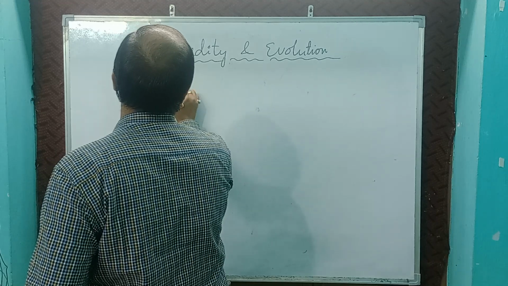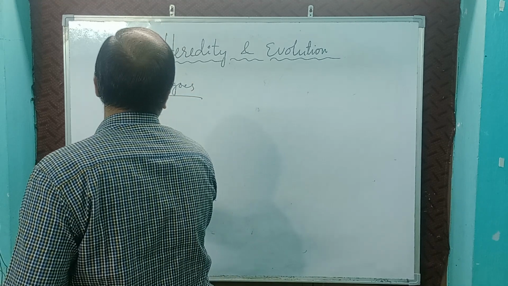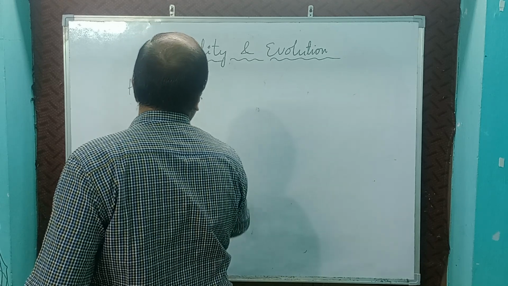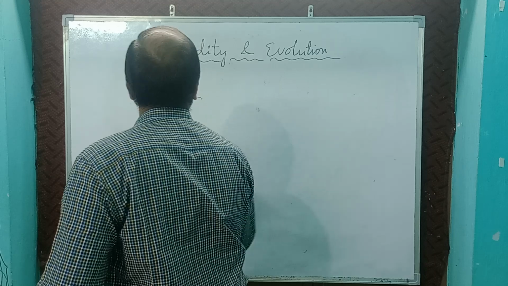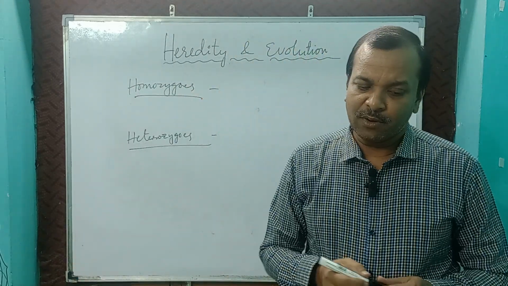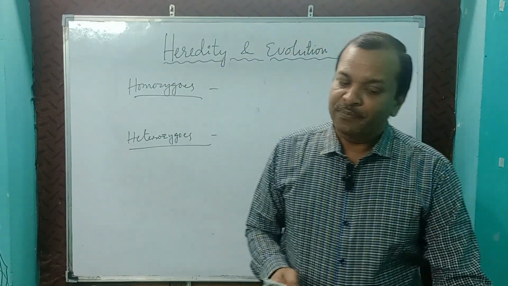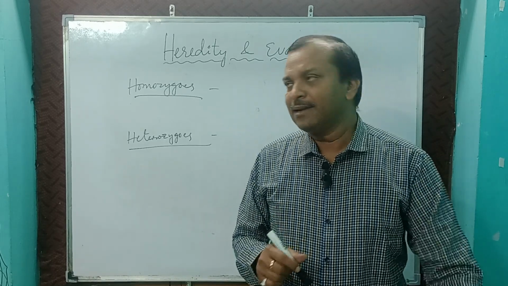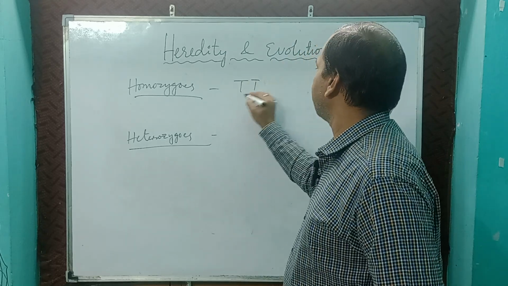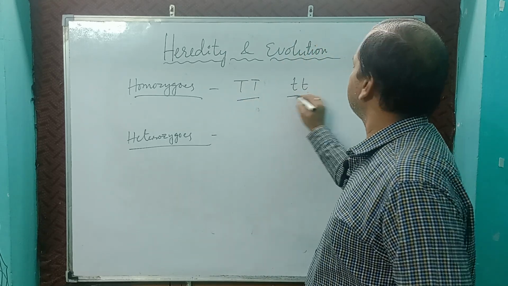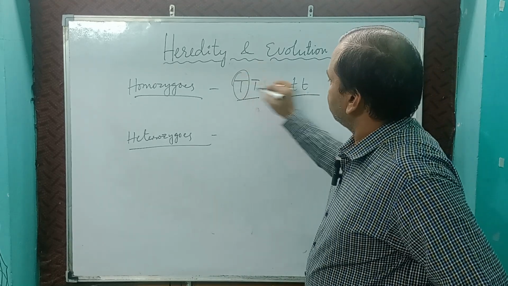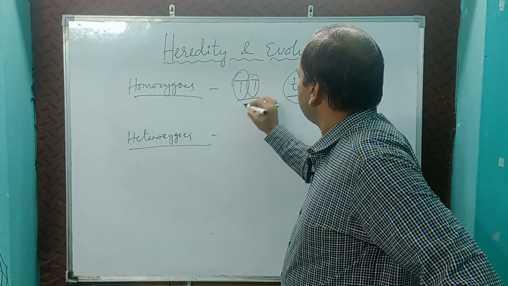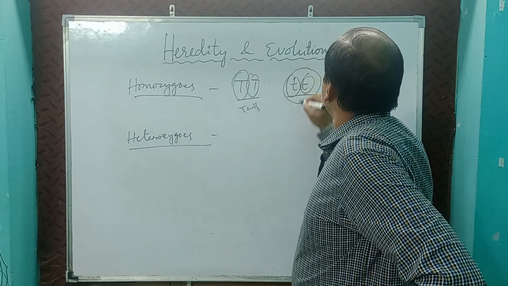Homozygous, same: a condition in which both the genes are of the same type, like TT is the same type, it is tall. tt is dwarf. Is it clear? TT is pure tall, tt is pure dwarf.